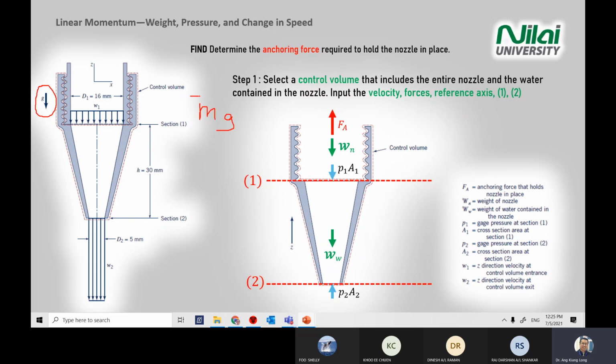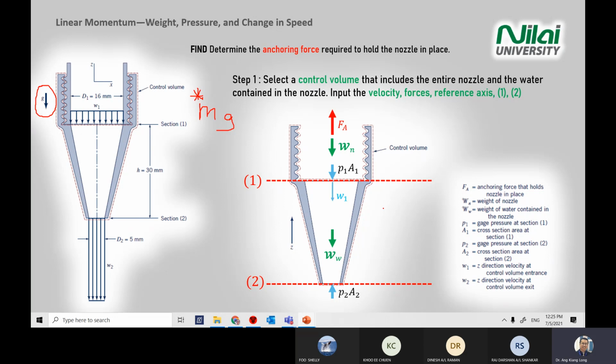As long as an object has mass, it will fall under gravity action. So you have two objects that have mass here: one is the water or your fluid, one is the nozzle. So you have two green arrows here, Wn and Ww. Ww means weight of water.